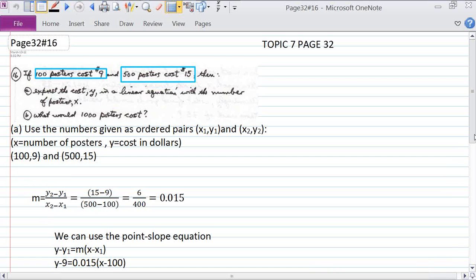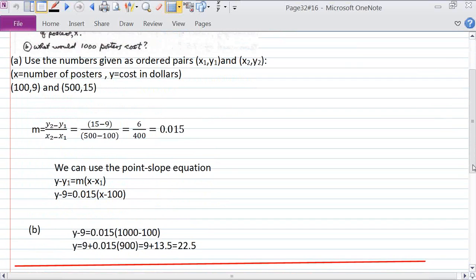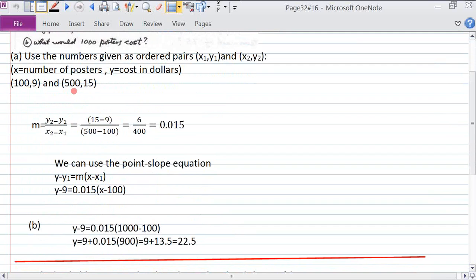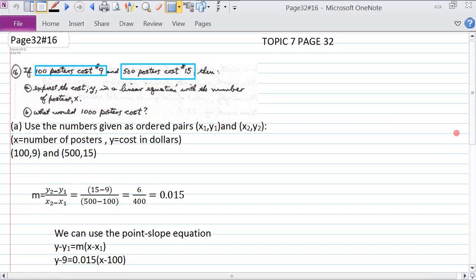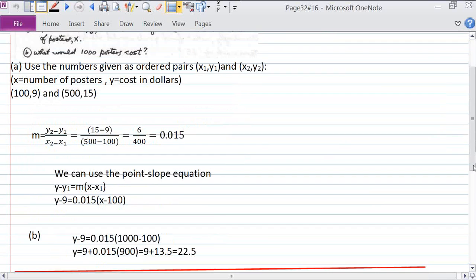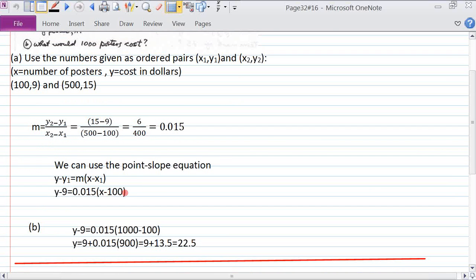Now it doesn't matter which ordered pair we use. We could use the other ordered pair. We still come out with the same answer. Anyway, this gives us the equation, point slope form, and here for m we substituted 0.015. So we've come out with the equation, express the cost y in a linear equation with the number of posters x. So here's the cost y in terms of x.